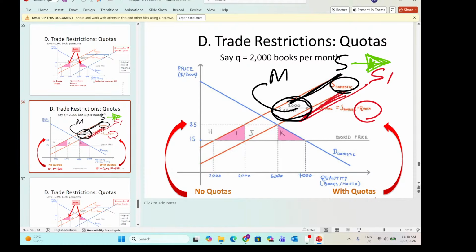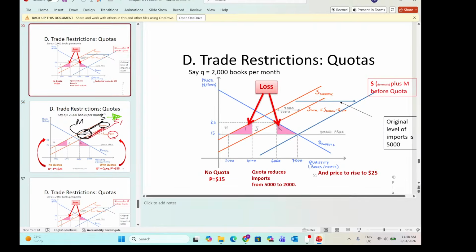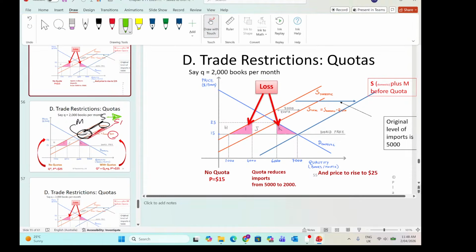But although it's increasing the supply relative to a closed economy, it's actually decreasing the supply relative to an open economy.